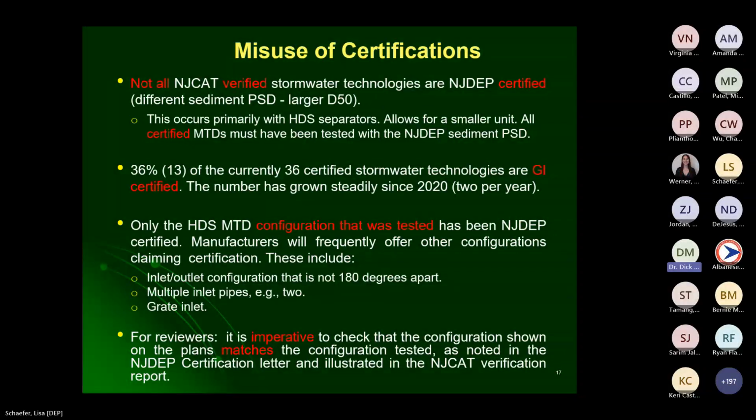I pointed out this before, and you have to be careful of this because I see copies of site plans that other manufacturers police you guys incredibly. Only the HDS MTD configuration that was tested has been NJDEP certified. In other words, I showed you in many cases where it was tested with the inlet and outlet pipes being 180 degrees opposite.